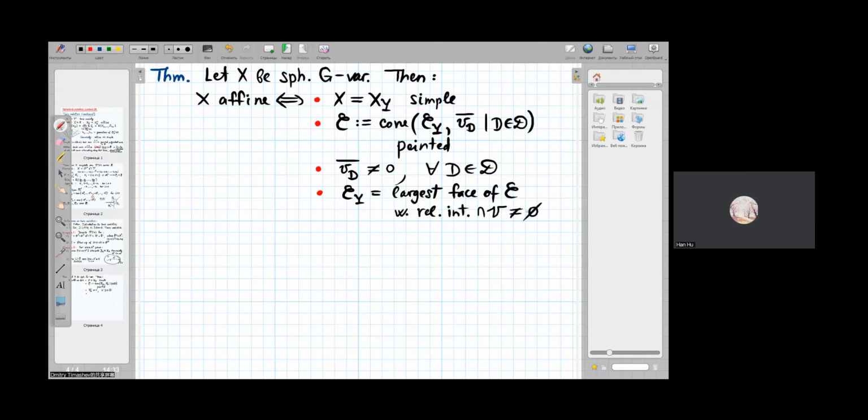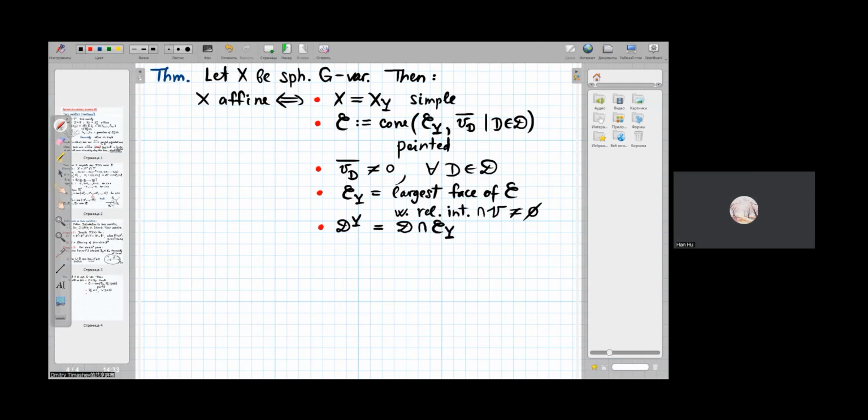Of course, a colored cone must have this property, and so the condition is that it is the biggest face of C with this property. And the last condition recovers the set of colors corresponding to the orbit Y. So the set of colors D over Y is exactly the set of colors whose corresponding vectors belong to this face. So in our notation, it is D intersected with C_Y.